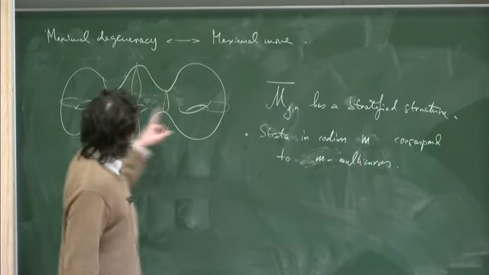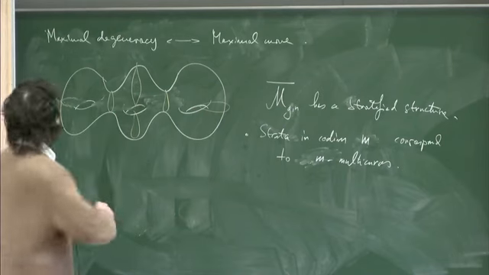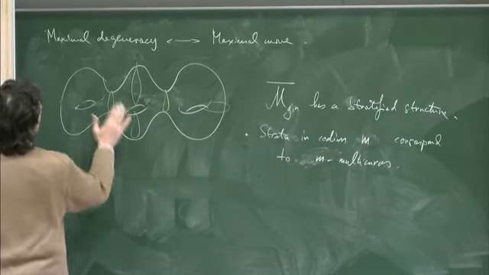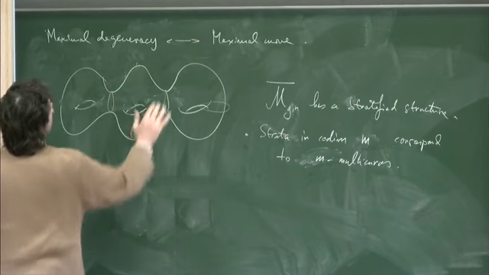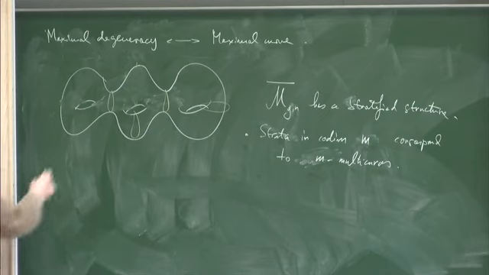So an M-multicurve is a curve with M of these. Sorry, a multicurve is not necessarily maximal. This is a multicurve.